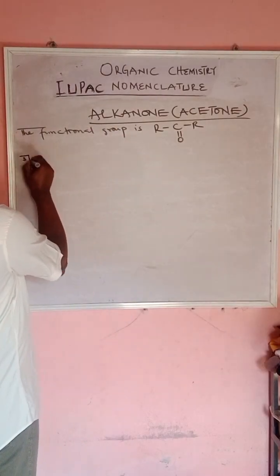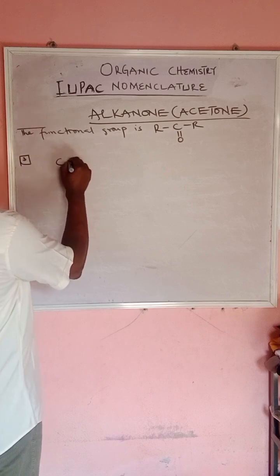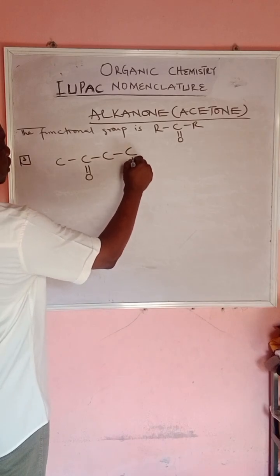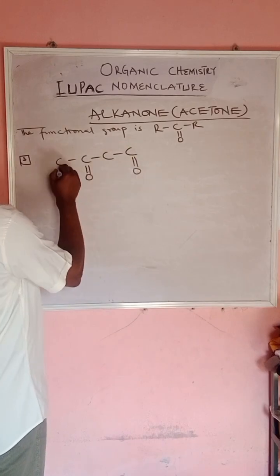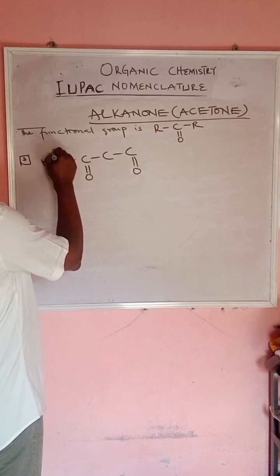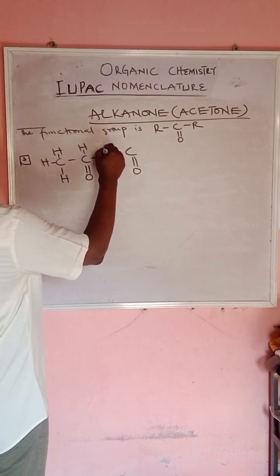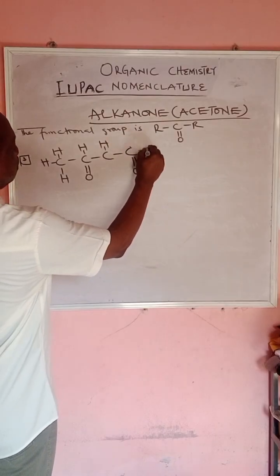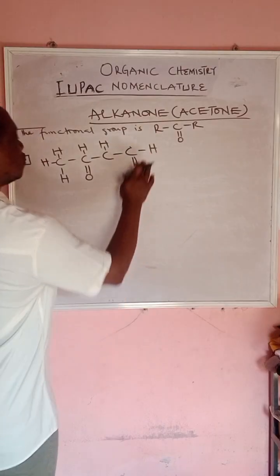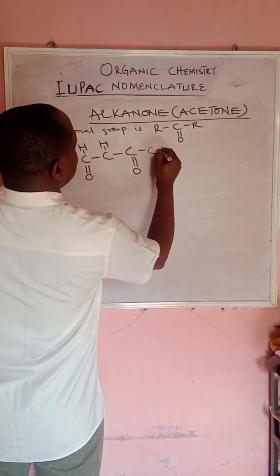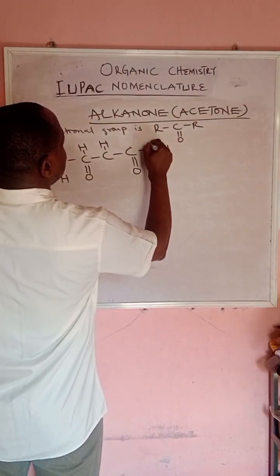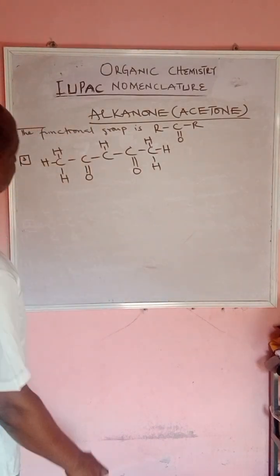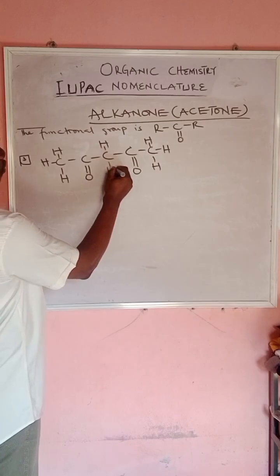So let's see 3. You have 1, 2, 3, 4. You have one-one here, you have another one here. Then you have hydrogen here, hydrogen here, hydrogen here, hydrogen here, hydrogen here, hydrogen here. This is what you have, 1, 2, 3, 4.